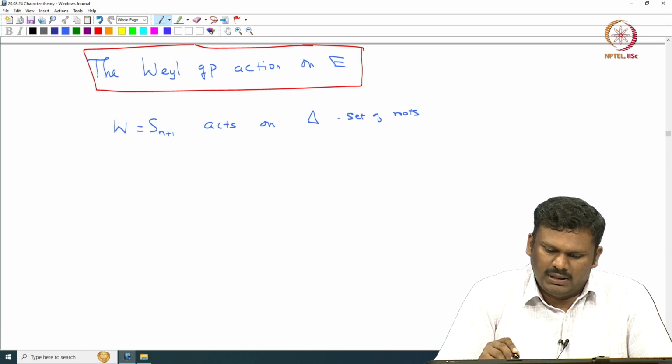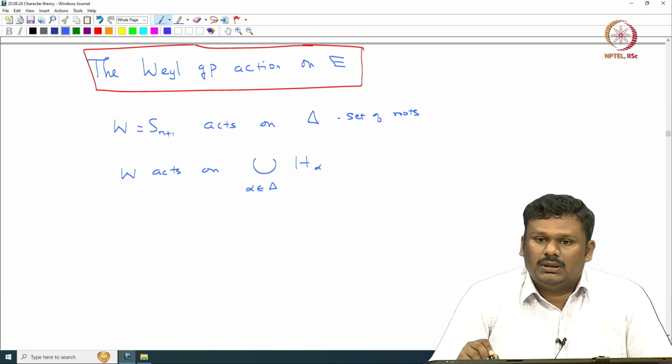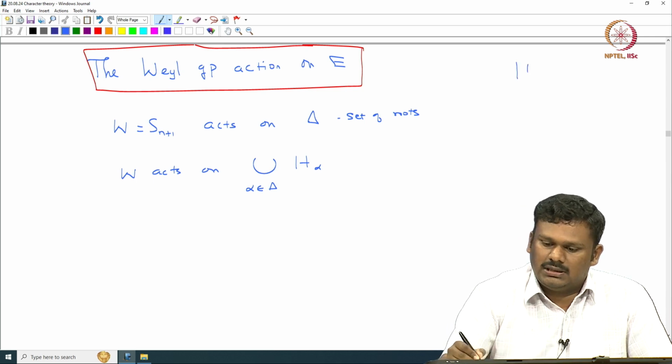So, now if you take this action, then it is clear that using this action you can also get the action on this union of hyperplanes, the union of H alpha, alpha comes from delta. Now note that H alpha is the same as H of minus alpha.